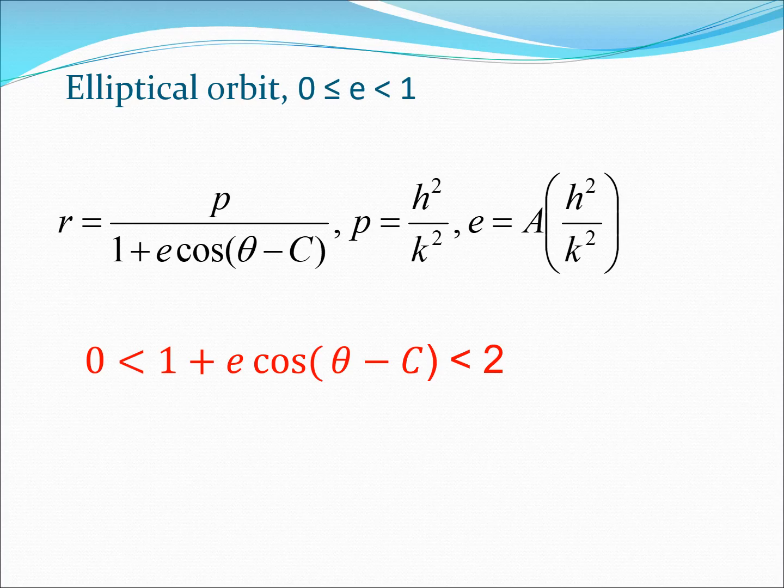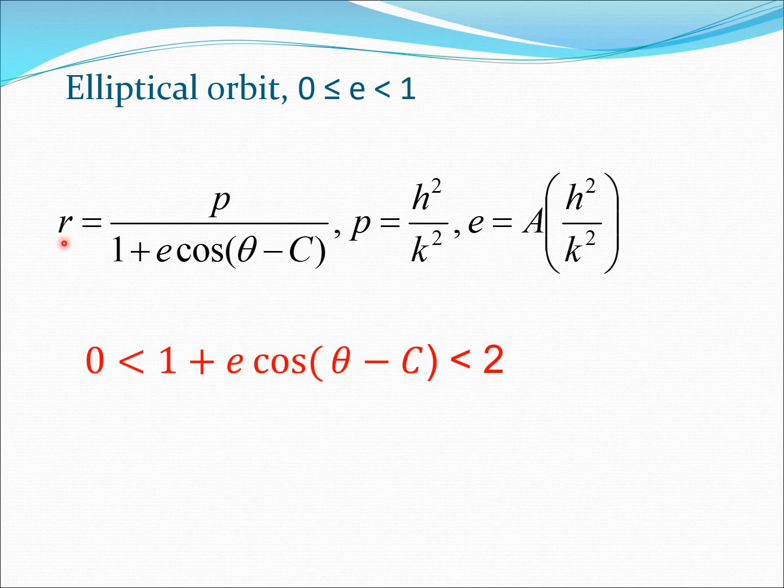Now let us look at the next orbit, which is the elliptical orbit, and in this case of course the value of E will be between 0 and 1. Of course, when the value is 0, you get the circular case. So that would be the equal case. But in general, any value between 0 and 1 gives you an ellipse.